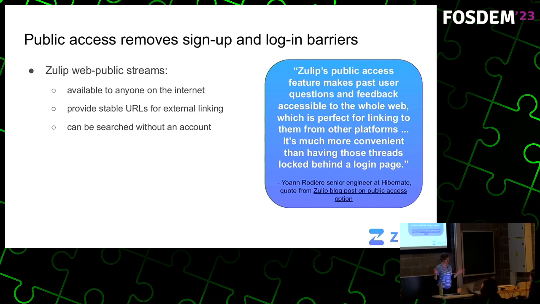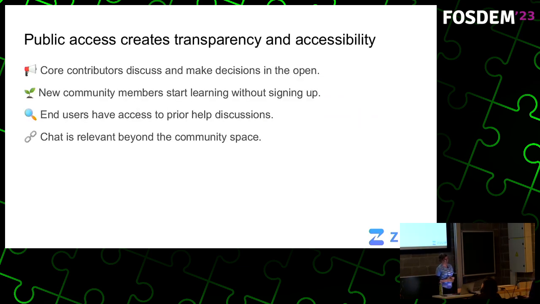So again, we're really taking our chat with the public access and moving it beyond our community and making it relevant to anyone who's curious about our open source, our open research projects, what we're doing. This is a value of open source that we have. So again, if we're making decisions in chat, this is available for people to see. New community members can start learning before they even sign up.